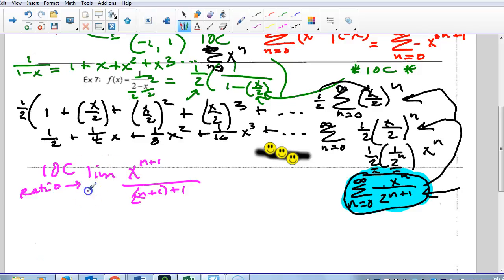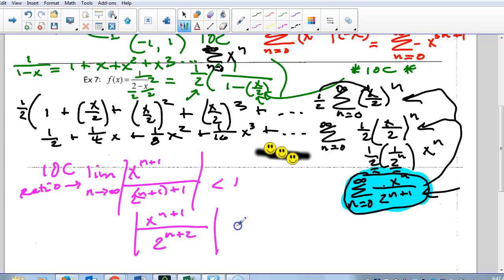Without this, you are writing a false statement. So please don't lie on paper. Okay, so I've got x to the n plus 1. I've got 2 to the n plus 1 plus 1, also known as 2 to the n plus 2. I'm trying to figure out when is that less than 1 when I take its limit.